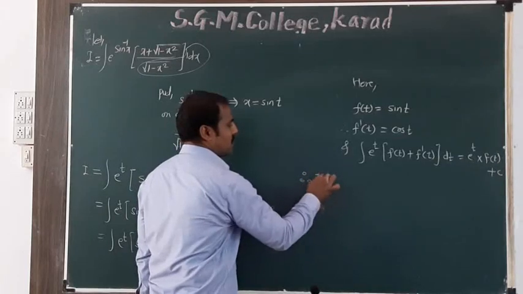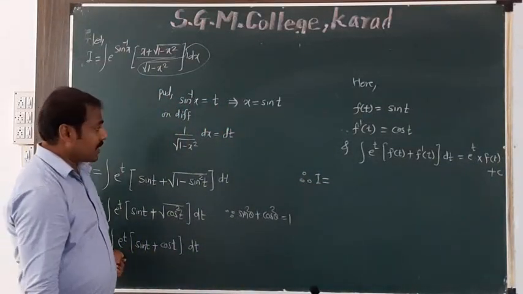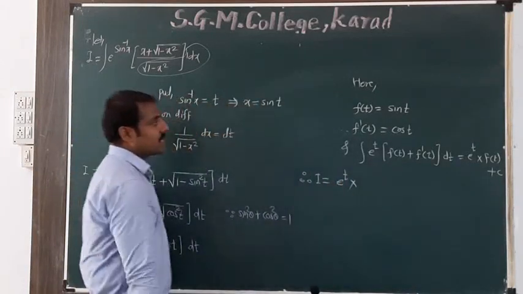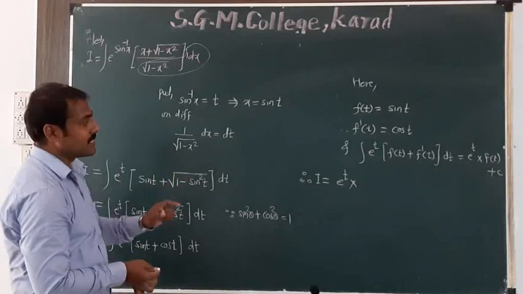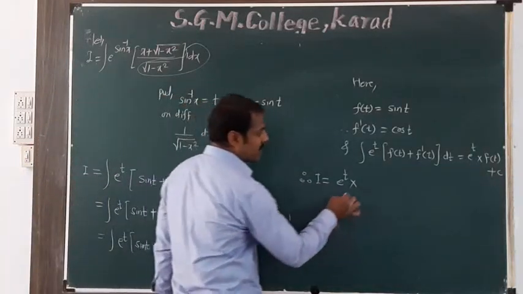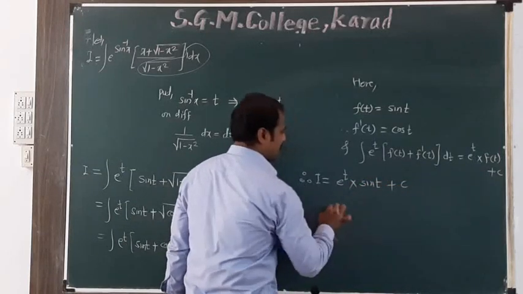Therefore I is equal to e raised to t into sin t plus constant of integration, since sin t's derivative is cos t and the middle sign is plus.